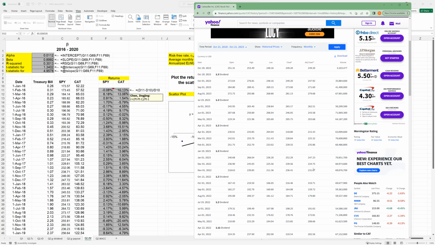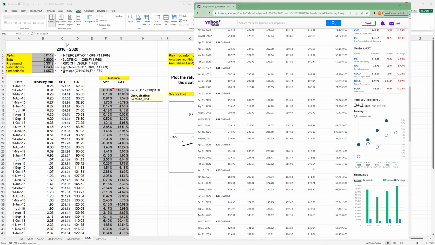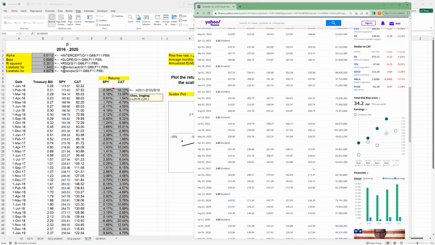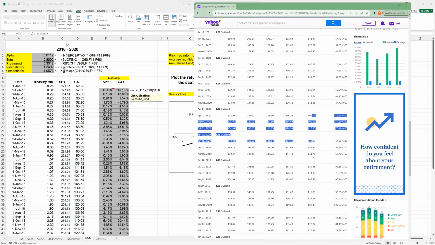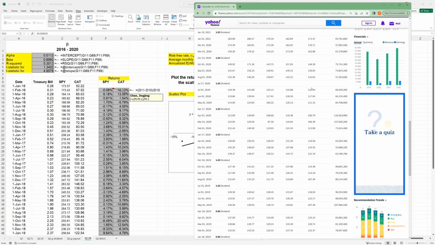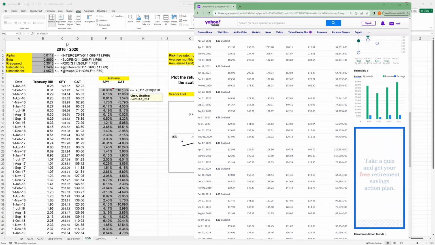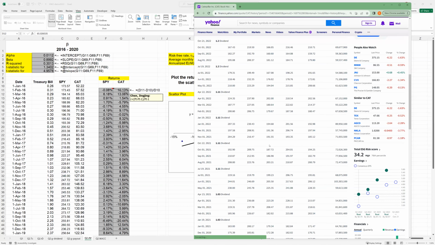So even though time has passed, the adjusted price will keep on changing in the past. Every time there is a dividend issuance, it will update all the historical prices of the company.